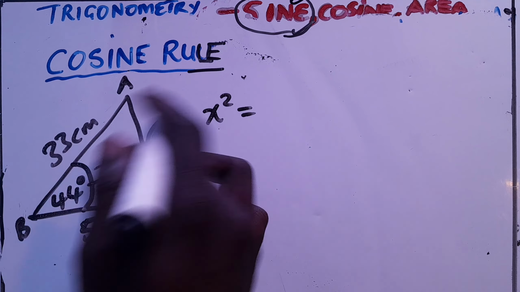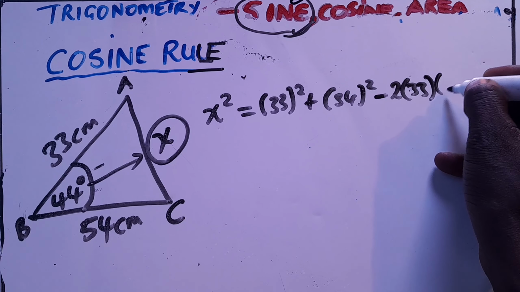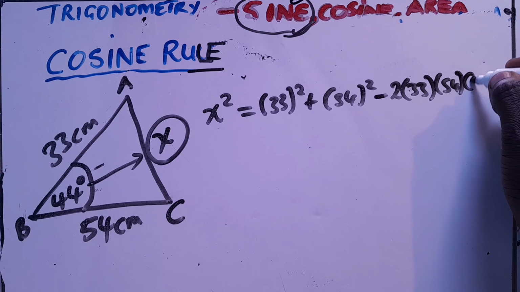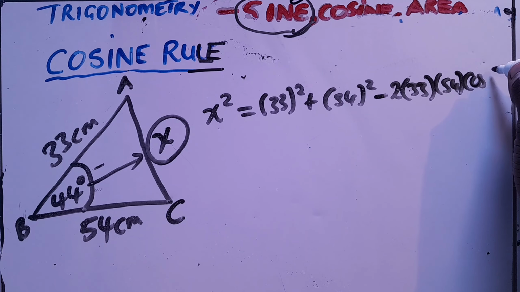So this is 33 squared plus 54 squared, and then minus 2 multiplied by 33 multiplied by 54, and then cos of 44 degrees. Everything on this side is defined, so I can place everything in the calculator and do the square root at once. So our x now becomes 37.96 centimeters. I think this one was the simple one, right?